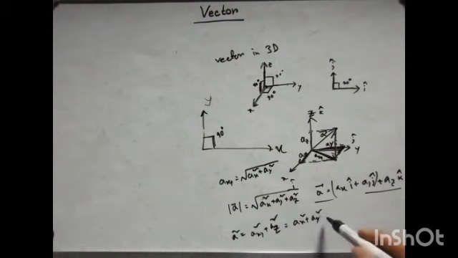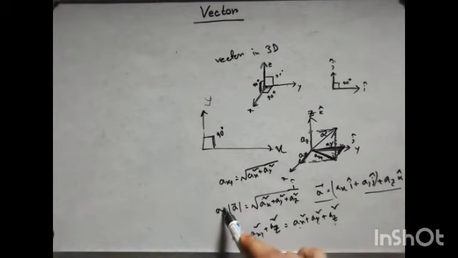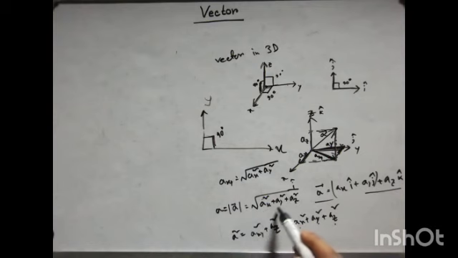So a square equals ax square plus ay square plus az square, then a means root over ax square plus ay square plus az square. So in this way you can find it. Okay, thank you.